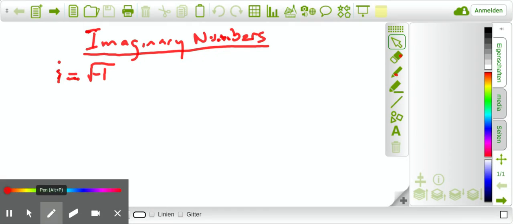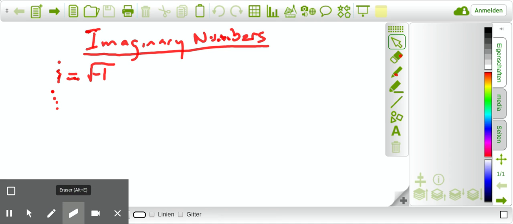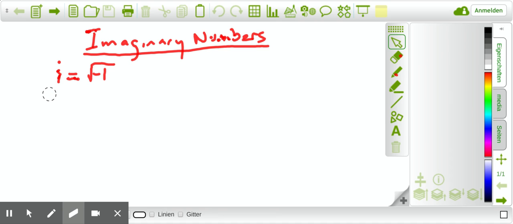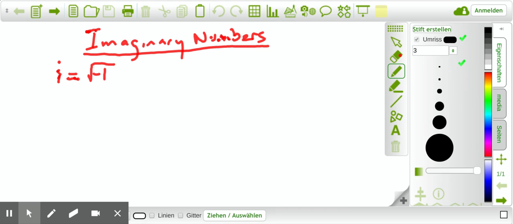So we've got i squared. Well, i squared is going to be just -1.